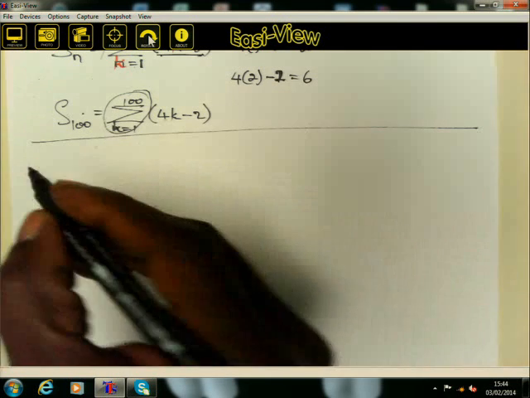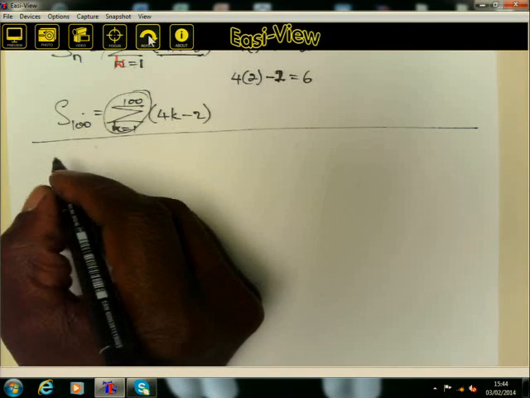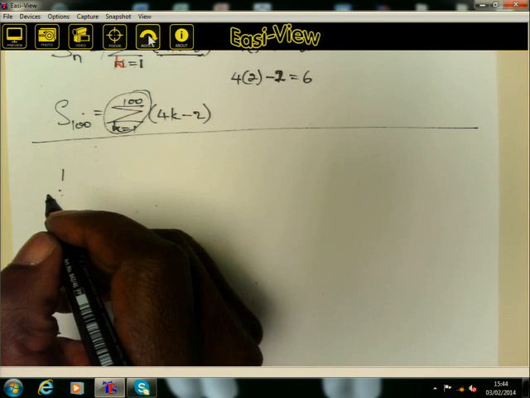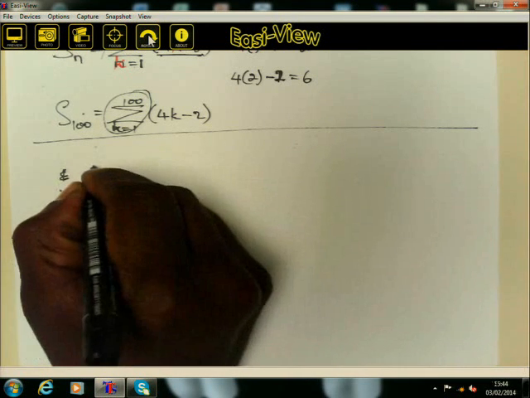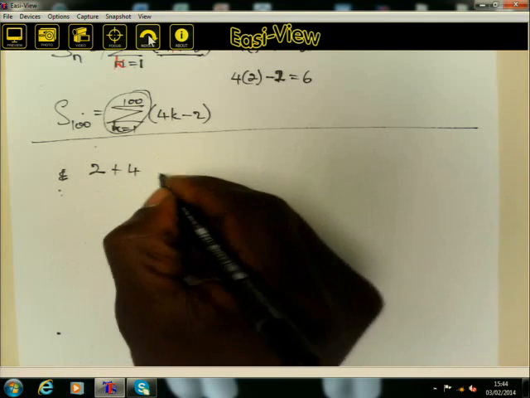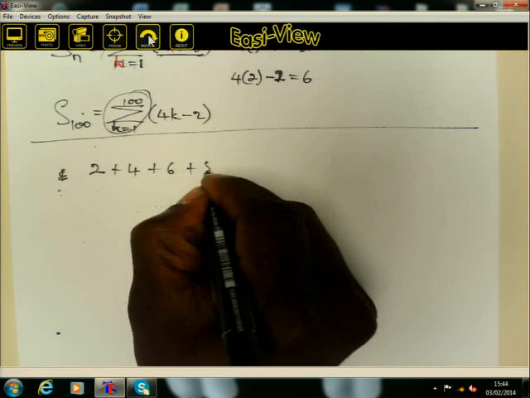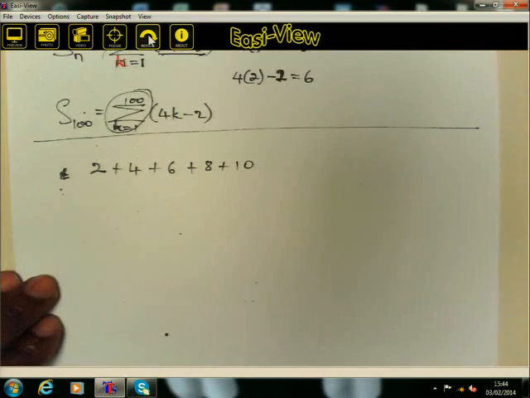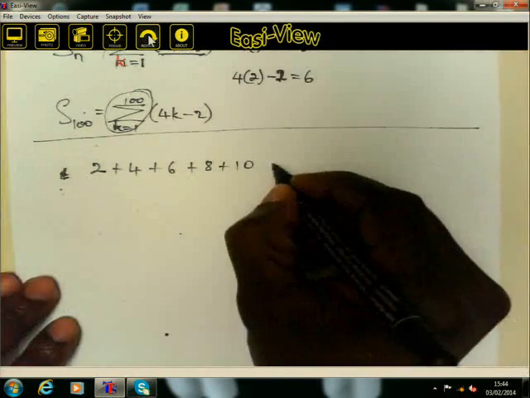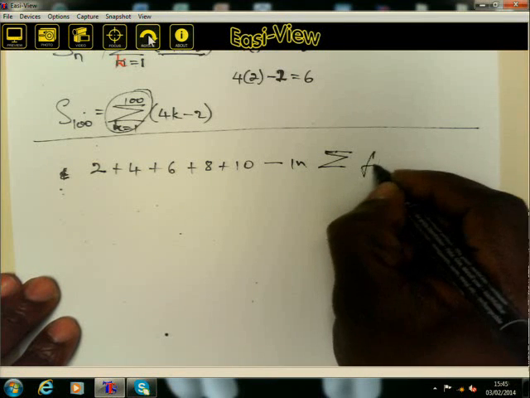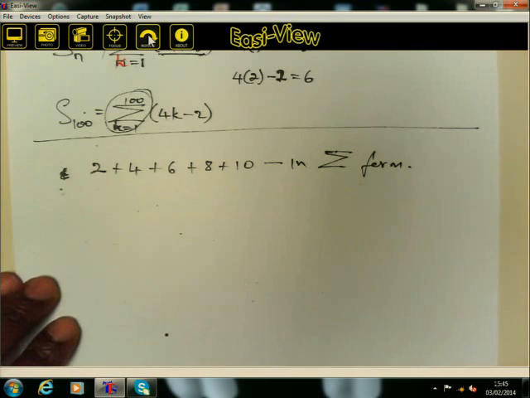If we are given the series 2 plus 4 plus 6 plus 8 plus 10, we need to write this series in a sigma notation form.